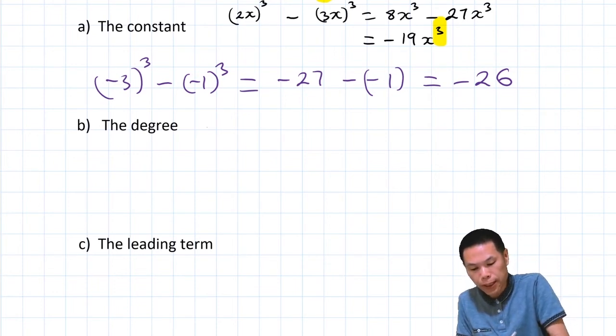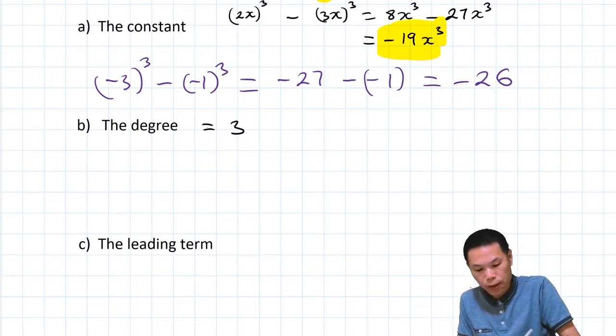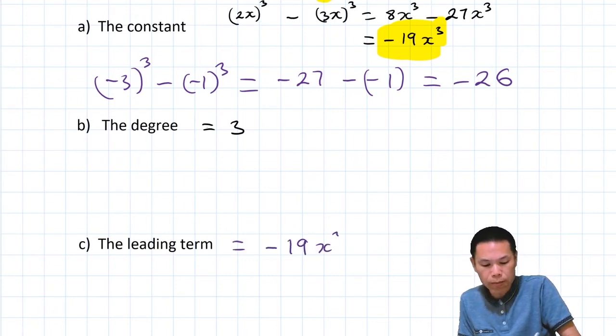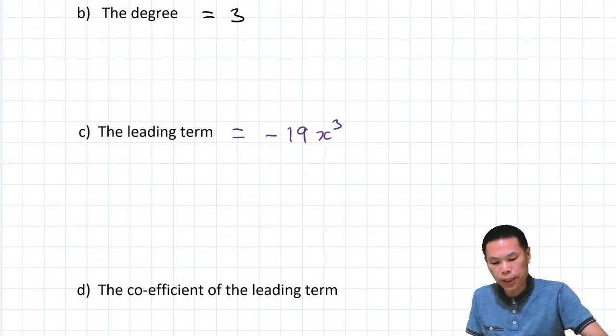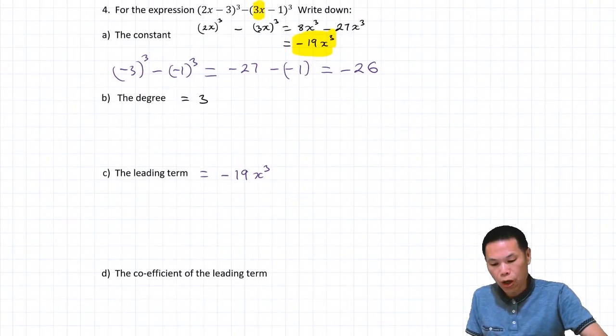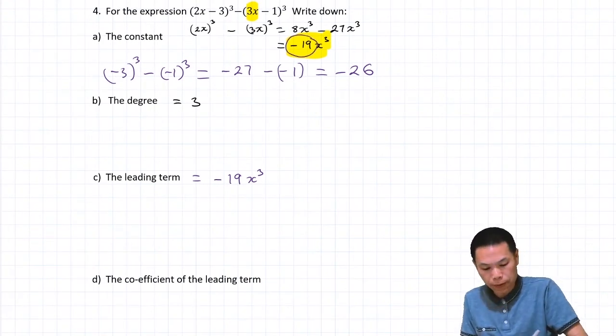So we just write this down. Degree is equal to 3. The leading term is this one here, which is equal to negative 19x to the power 3. And this one here, the coefficient of the leading term, is negative 19.